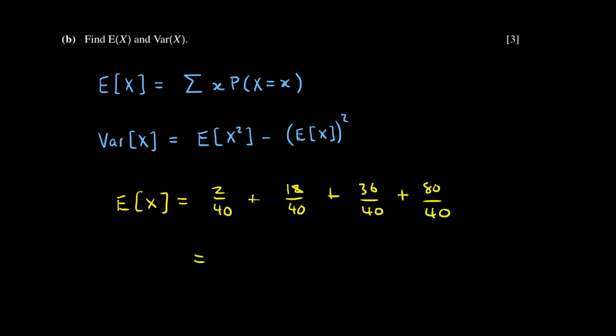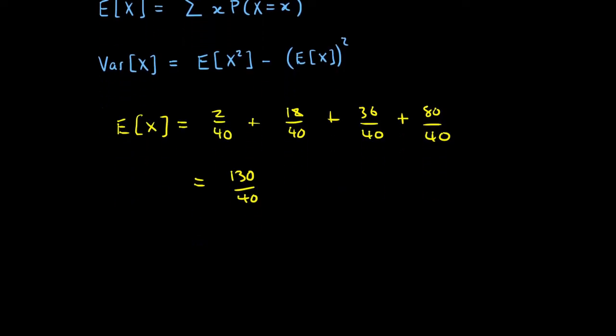So if we add up all of those, 2 plus 12 is 14, added on to 36 is 50, added on to 80 is 130. So we get 130 over 40, and that's the same thing as 13 divided by 4. Okay, so 13 upon 4 is our expectation.